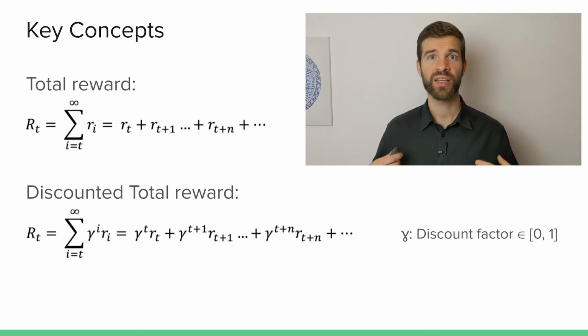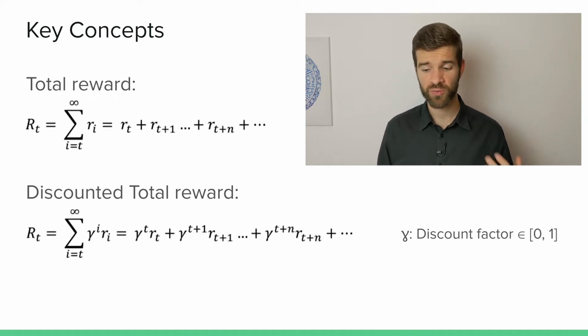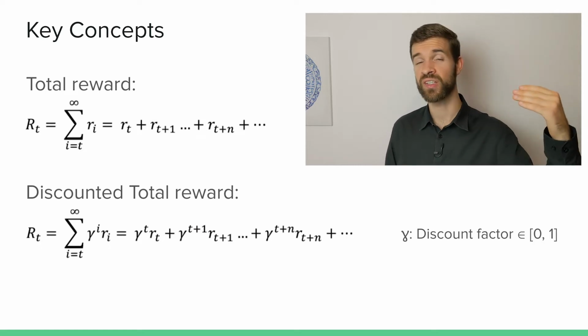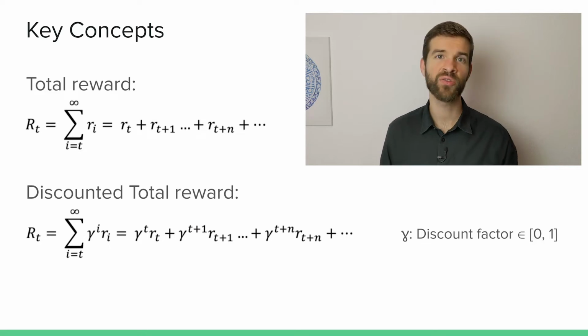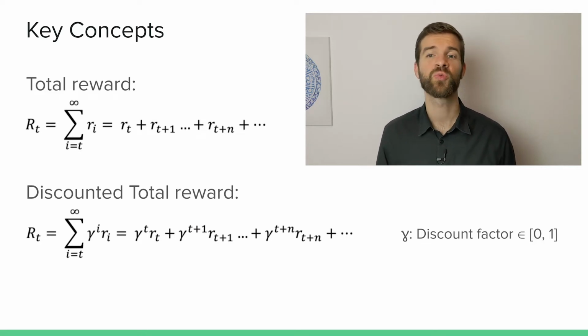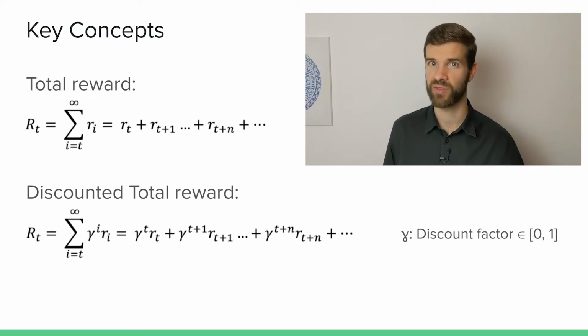So whenever we get an immediate reward, we have a higher discounted reward, as opposed to rewards that we're seeing far into the future. And depending on this discount factor, we can adjust how much we want to be gratified for things that happen in the future or immediate rewards. Just a quick side note, if you have issues with procrastination, it's probably because of this discounted total reward that is going on in our brain.